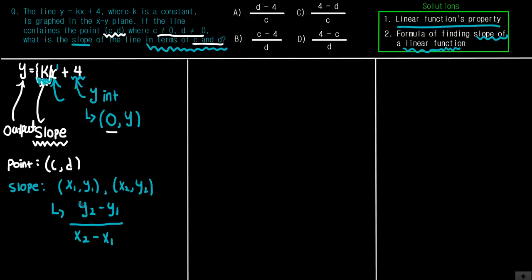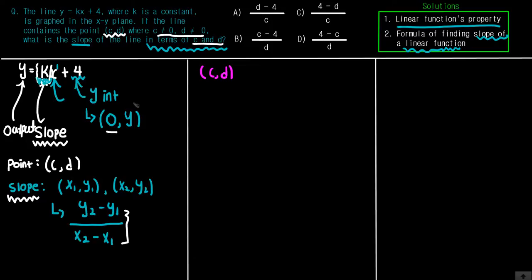The reason why I'm subtracting those points is to see how the function changes, and that shows how steep the function is, which means it will show us the slope of the function. We don't know the values of c and d, so we can just write them down.